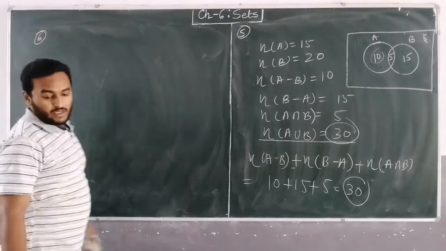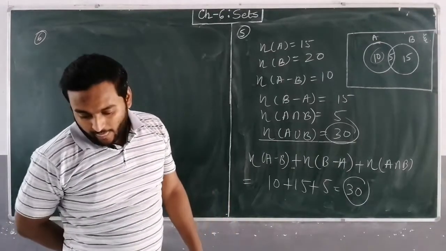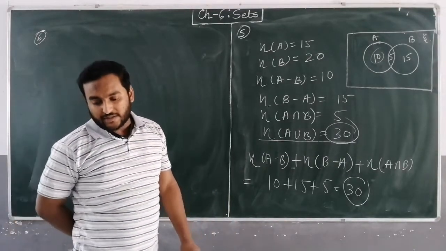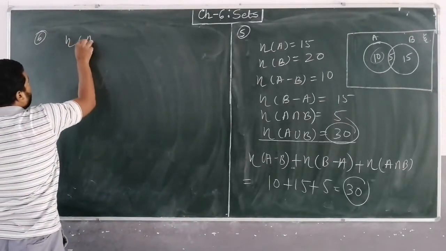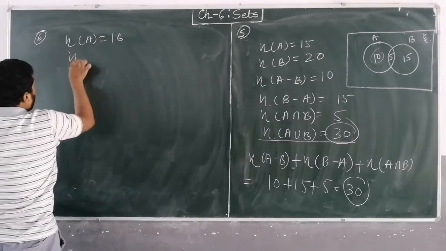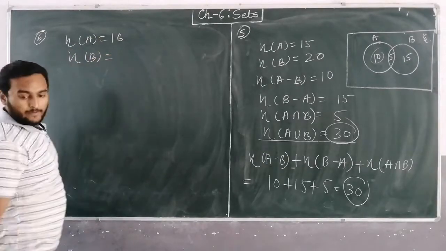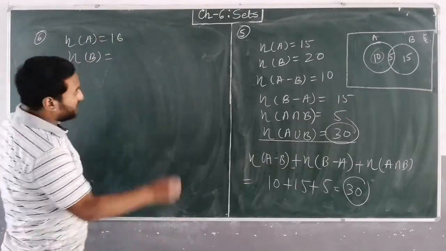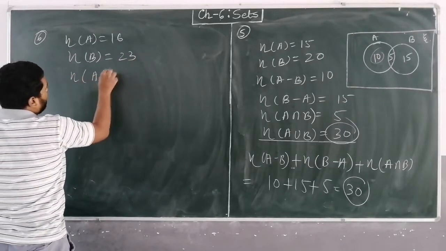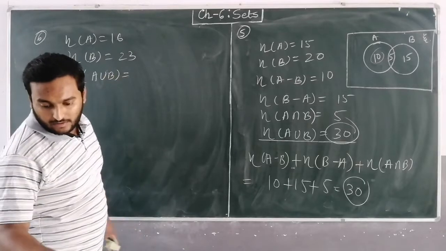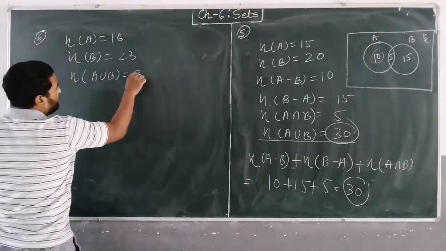Question number 6. In this question it is given that A and B are two sets such that cardinality of A equals 16, cardinality of B equals 23, and cardinality of A union B is 37.